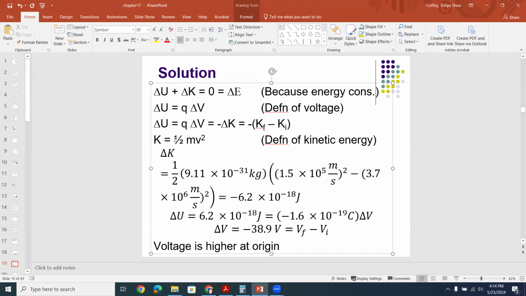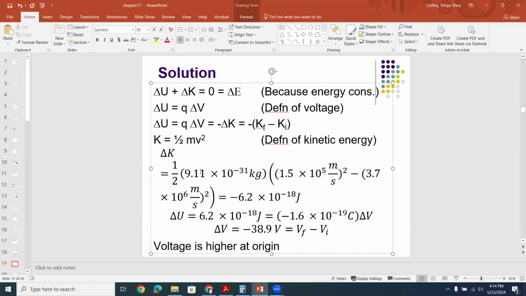It said in the problem that this is an electron. We know the mass of an electron. It's in the covers of our textbook, and it's easy to look up. The mass of an electron is 9.11 times 10 to the minus 31 kilograms. So we can plug into our equation for delta K for this electron and use that to figure out the change in the kinetic energy of that object.